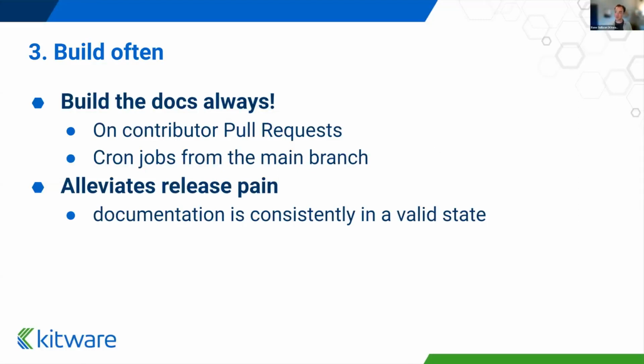And so that way, when you get to your release point, it helps alleviate that burden of like, okay, it's release time, I need to make sure everything works. It's like, well, if you are building your doc all the time, then this will help alleviate that and consistently keep your documentation in a valid state. I want to use the phrase consistently there, just because, you know, things will break, and it allows you to fix them as you are between releases and sort of alleviate some of that pain. Next slide, please.